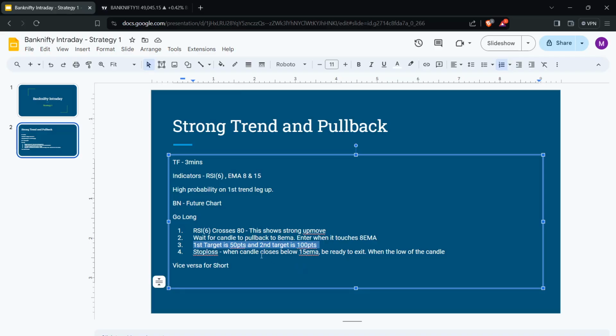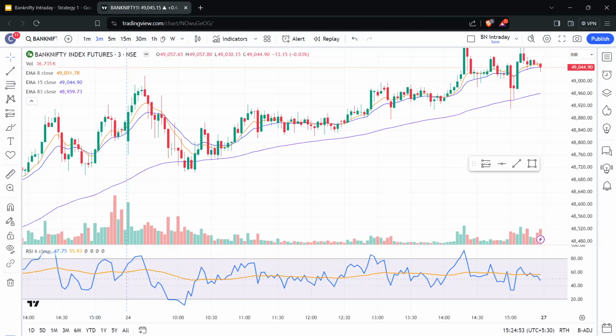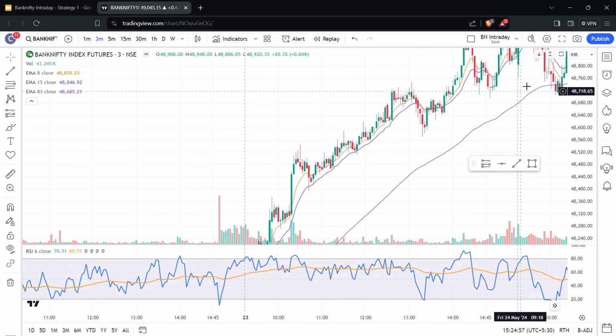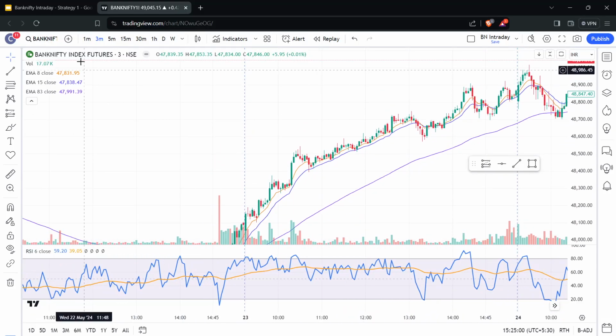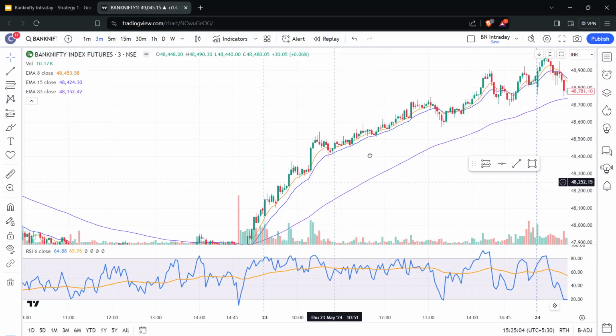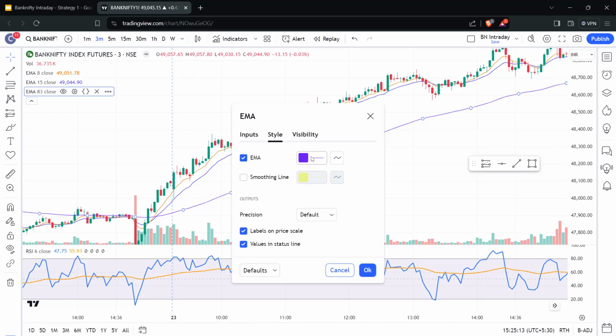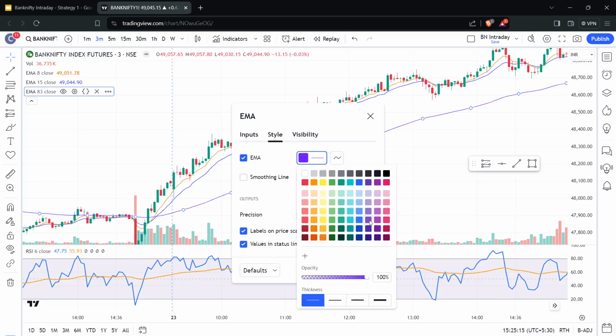Okay, alright, so with that said, let's just move on to the chart. So what I have here is Bank Nifty index futures 3 minutes in TradingView, right? And these three lines that you're seeing are 8, 15 and 83. I'll go ahead and change the color for 83. Let's choose a lighter one, probably green.